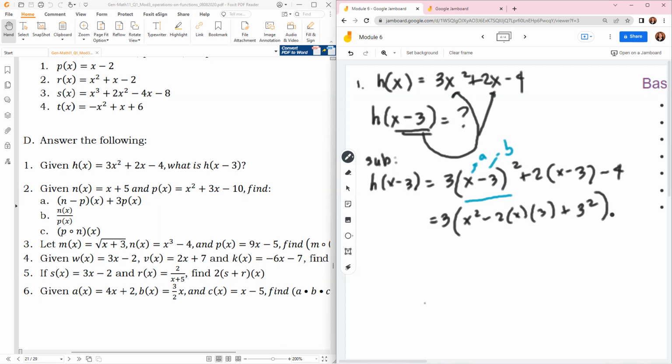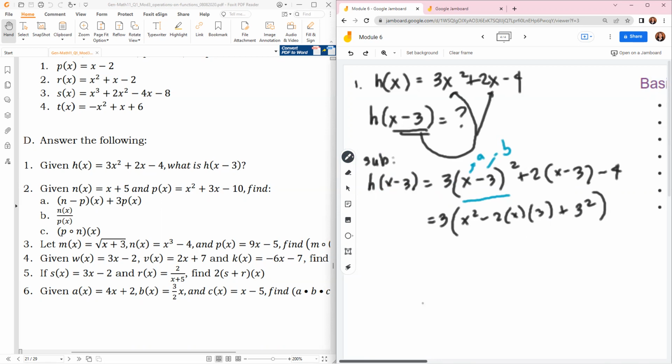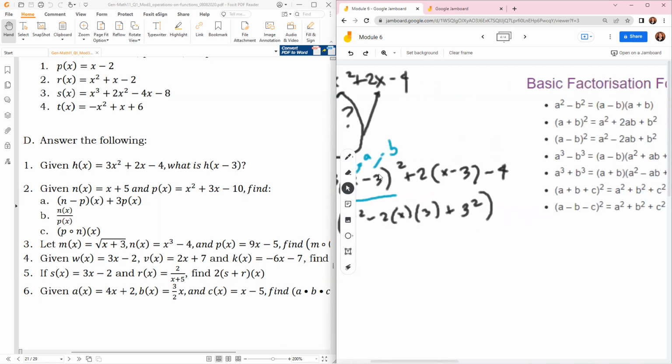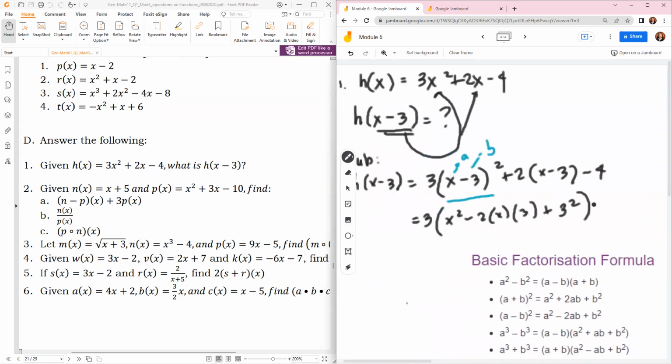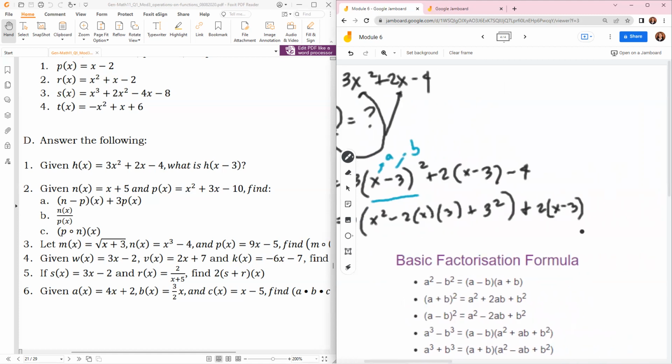Nya, i-connect ang uban, plus 2x minus 3, minus 4.